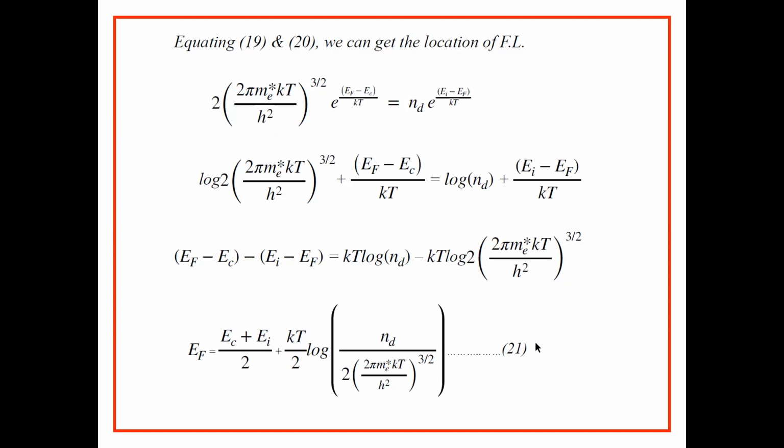This is equation number 21, where me star is the effective mass of an electron.